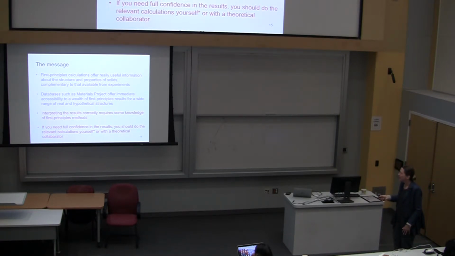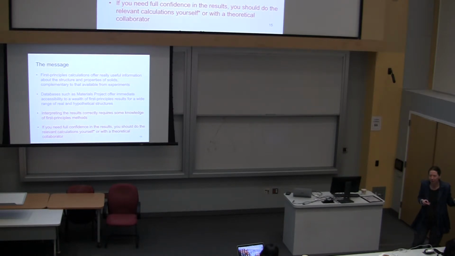So that leads to the last bullet: if you're actually going to make a real decision based on something you're seeing in Materials Project, to work on this compound or not, or set the parameters of your spectrometer a certain way, or if you're planning to publish something that includes in the discussion or argument information from this first principles world, you should do the relevant calculations yourself, which you shouldn't do unless you really know how to do them.